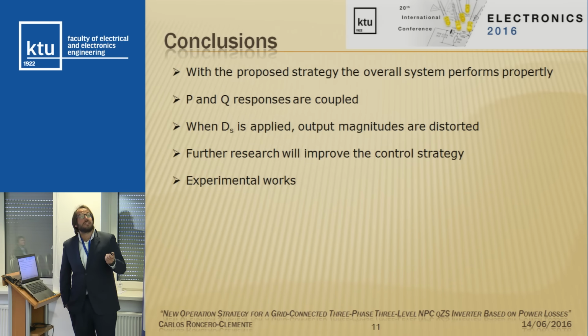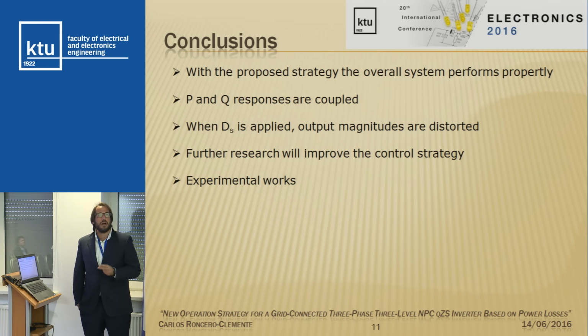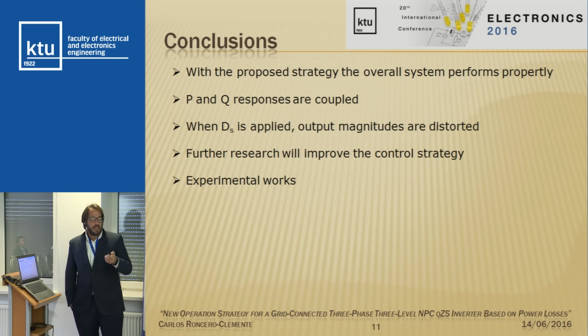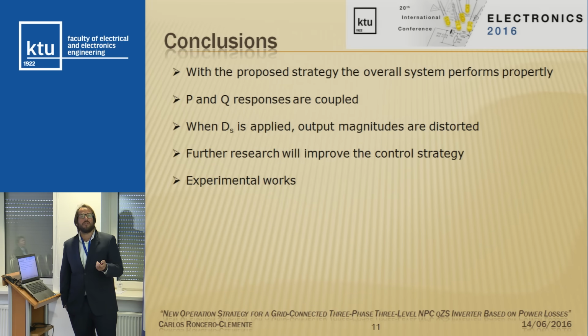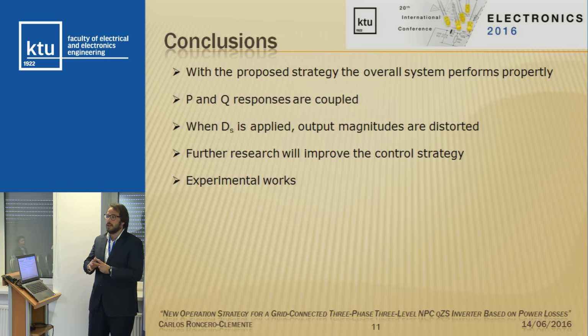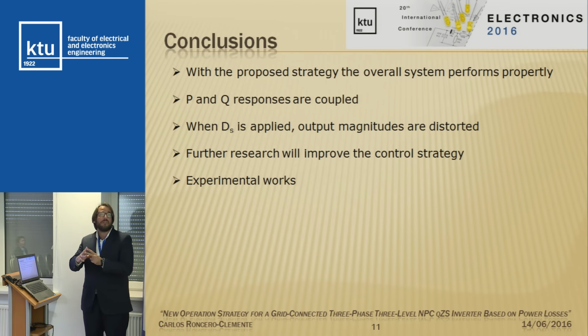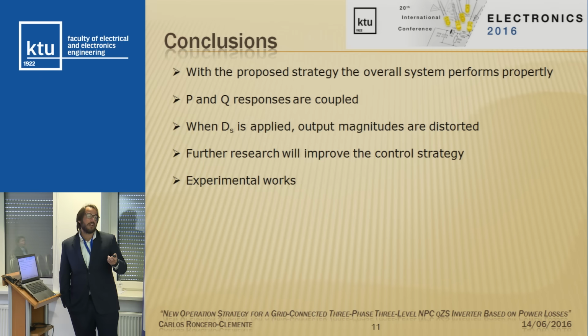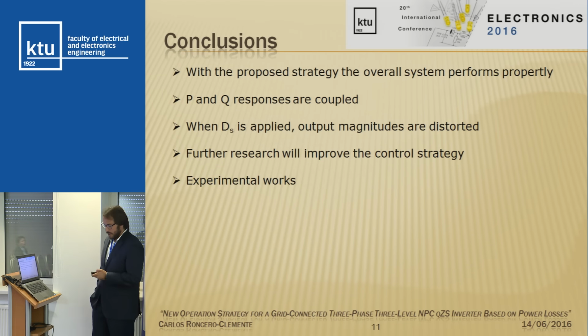When the shoot-through duty cycle is applied, output magnitudes are distorted because of this ripple and are transferred to the AC side, and further research will improve this control strategy mainly by using DQ reference frames in order to control DC magnitudes, and of course we are dealing right now with experimental work in the labs.